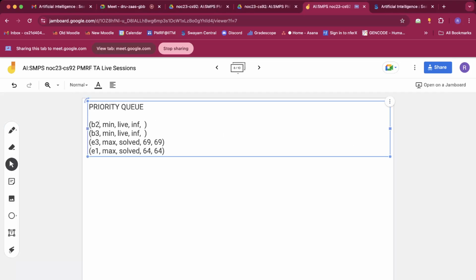So we will pop B2, add C3, which is a max node, and it's live and its bound is infinity, and it doesn't have a solution yet.